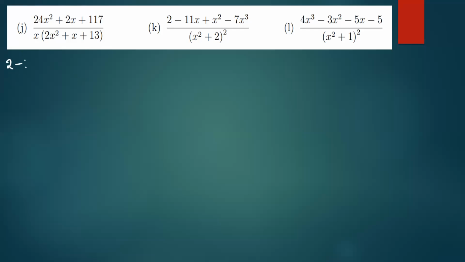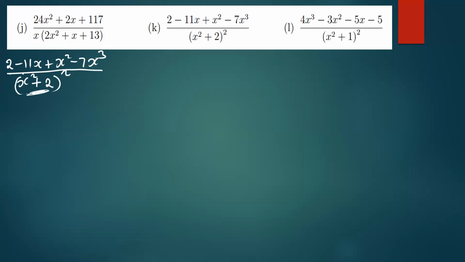So we have 2 minus 11x, then plus x squared minus 7x cubed. Then everything is being divided by (x plus 2) squared. So what you have inside there has the power 2, which implies that it's a quadratic equation.